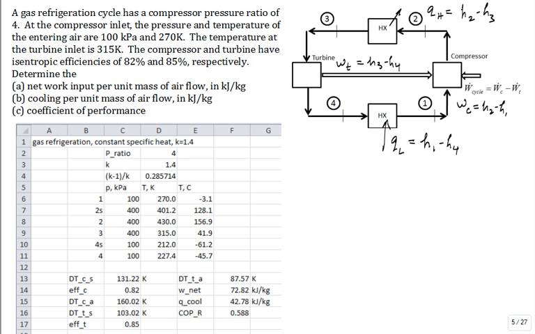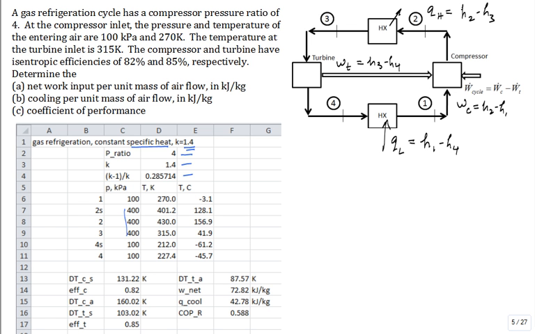So you can see that I did it in Excel, and what I did was I assumed constant specific heats with the k of 1.4, pressure ratio of 4. Here I put k and then (k minus 1) over k. So I put in the pressures. It goes up by 4 and then down again. So 100 kilopascal, 400, 400, back to 100.